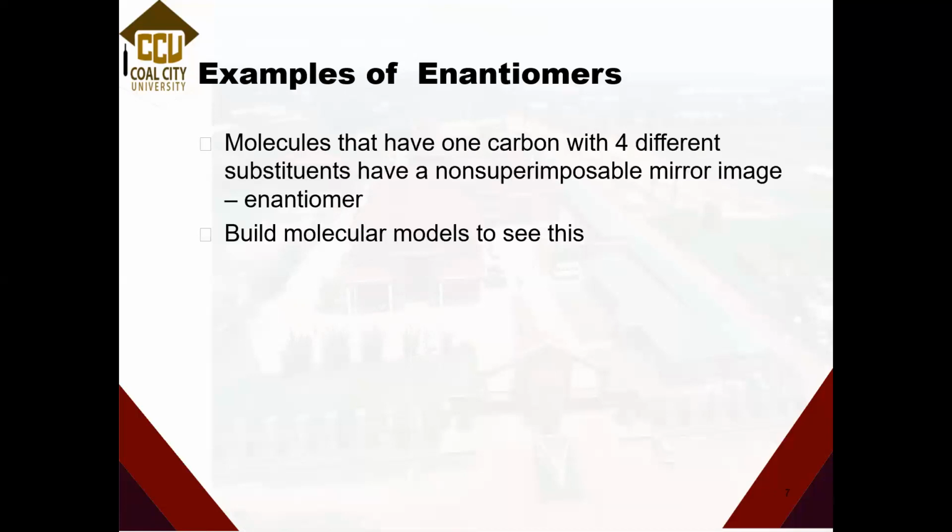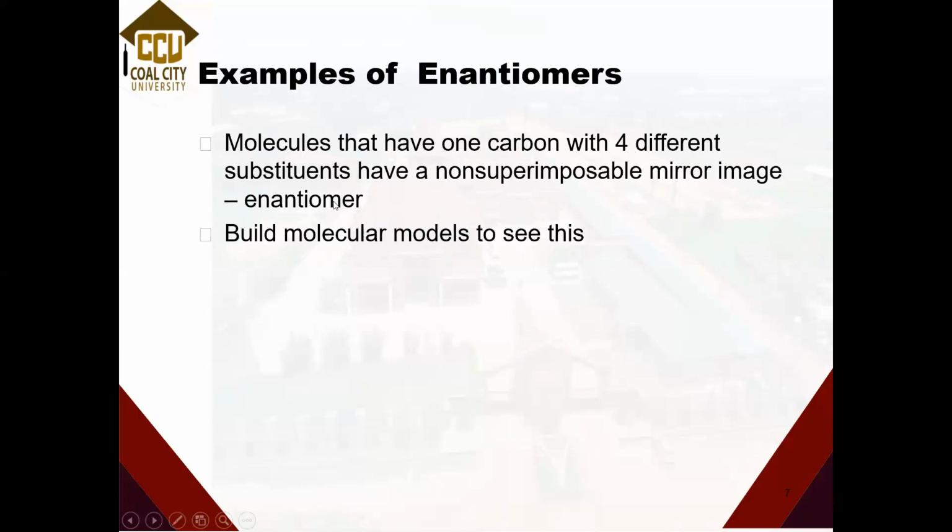Not necessarily different; once it has four substituents attached to it, it is an sp3 hybridized carbon. Now, when the sp3 hybridized carbon has all four substituents different, then it is going to have a non-superimposable mirror image, and as such, it will form what we call enantiomers.